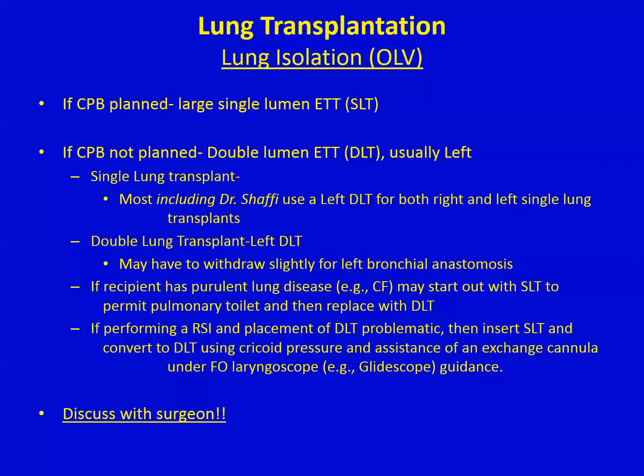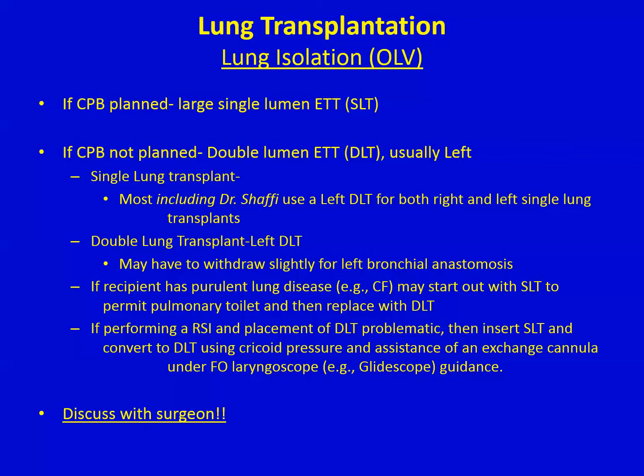We've talked about lung isolation. If cardiopulmonary bypass is planned, then one can use a large single lumen tube. If cardiopulmonary bypass is not planned, then use a double lumen tube, usually a left, even for left-sided single lung transplants.